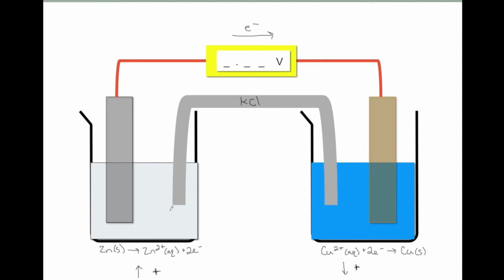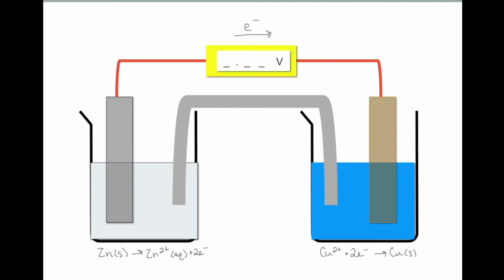In this case, we know that the zinc side is becoming more positive, so we need to increase the amount of negative charge going into it. Therefore, chlorine is going to flow over to the zinc side. Over on the copper side, we know that we're decreasing the positive charge, so we need something that's going to replenish that positive charge. Therefore, potassium will flow over to the copper side.